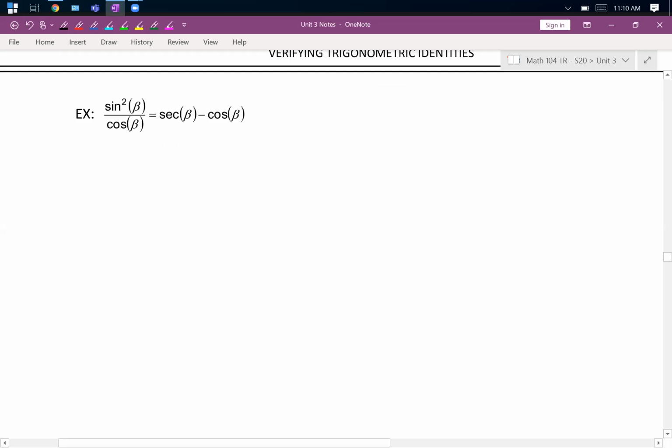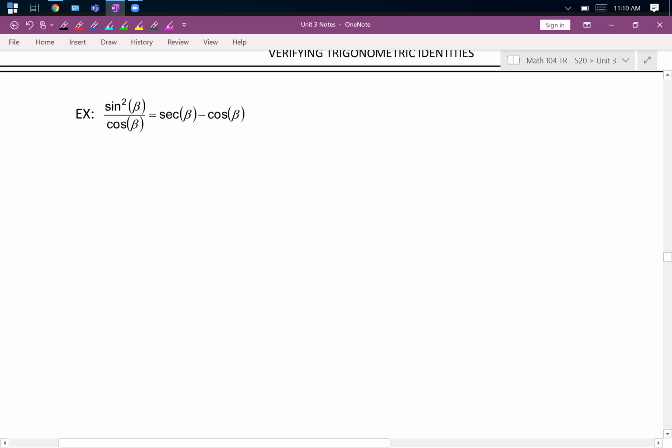Next, we want to verify sine squared divided by cosine equals secant minus cosine. Well, all our arguments are the same, so I can't identify the more complicated side based off of the argument. The left side's a fraction, the right side's not a fraction.